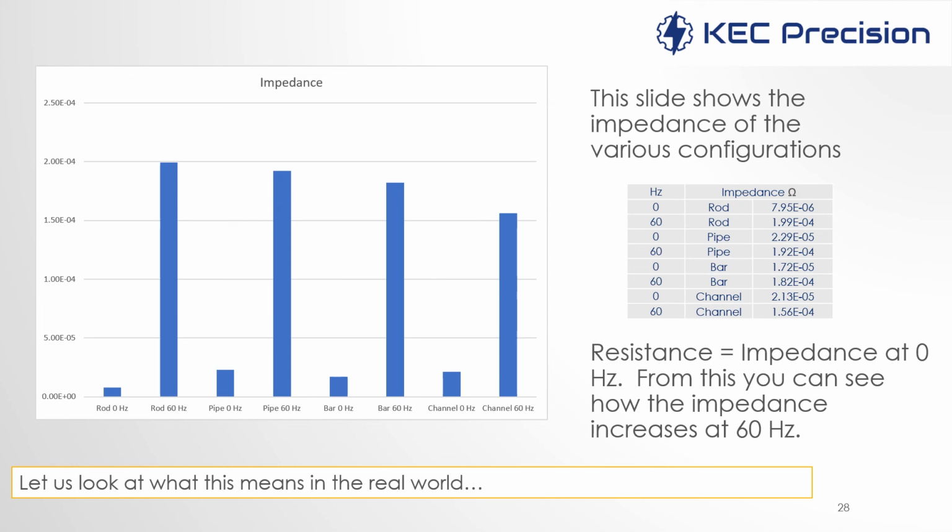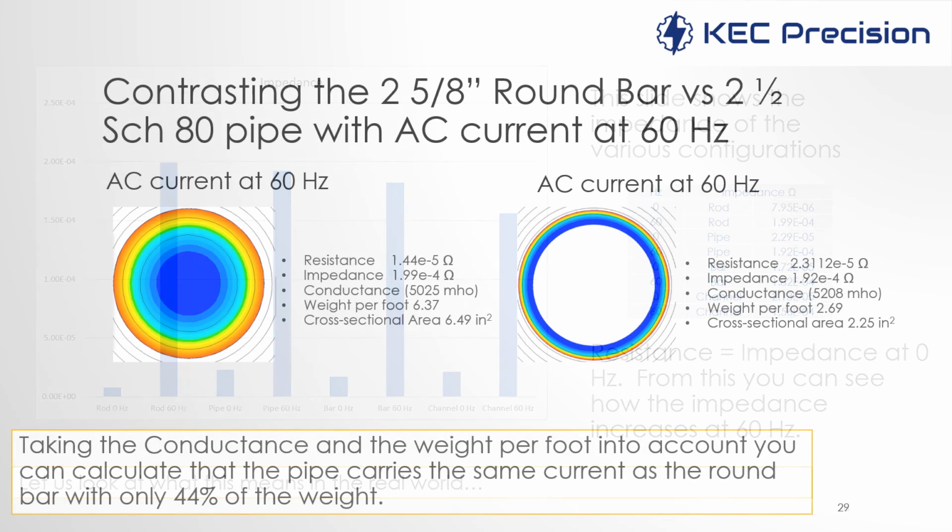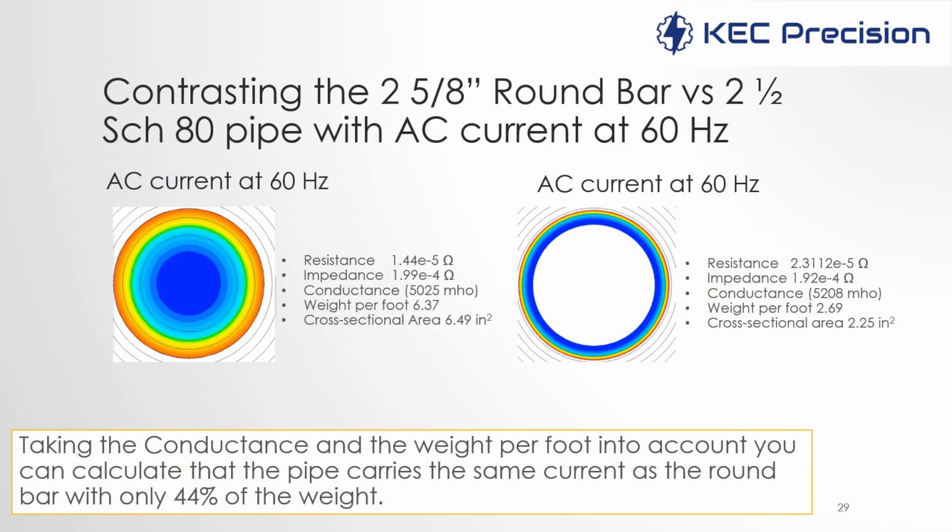Well, what does this mean in the real world? For this slide, we're showing the contrast of the 2 5/8 round bar versus the 1.5 inch Schedule 80 pipe under AC current at 60 hertz. These are basically the same outer diameter, not exactly the same.